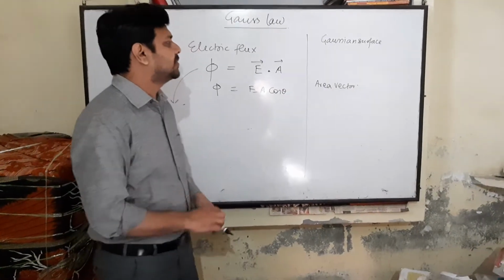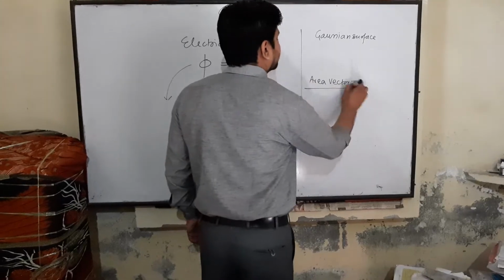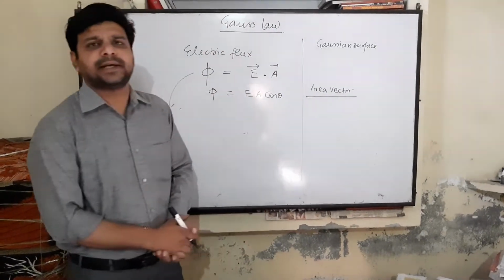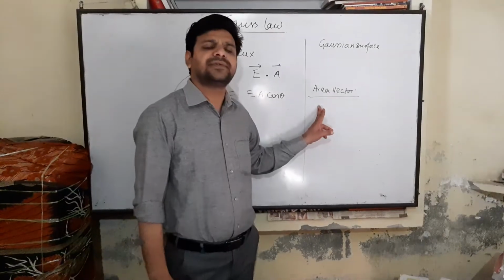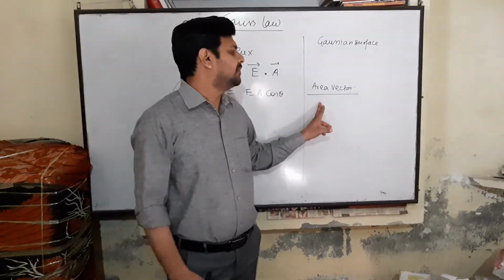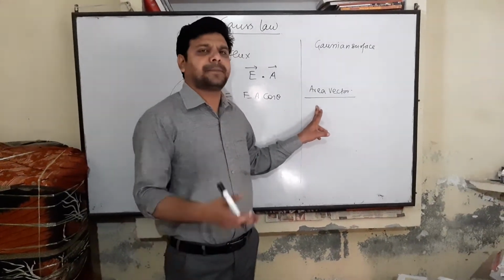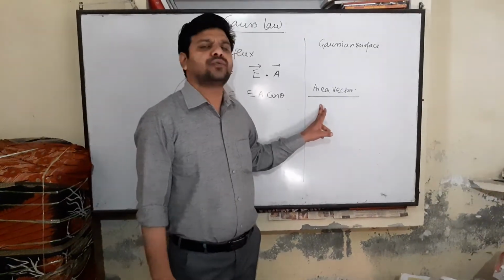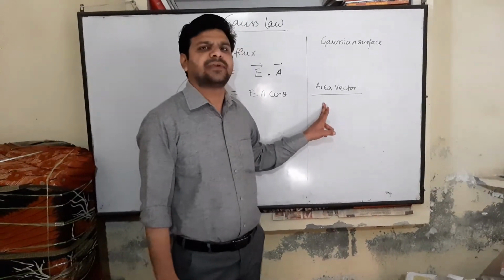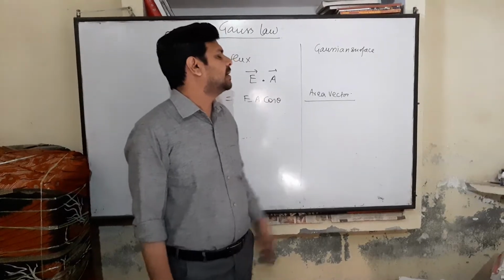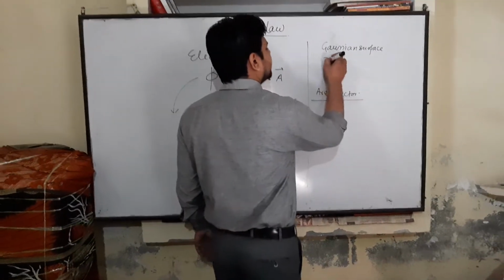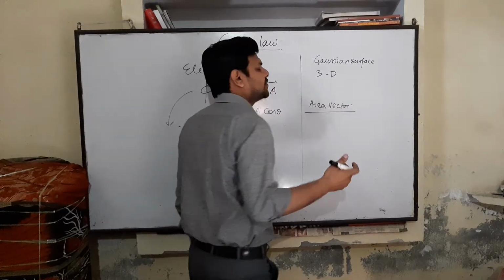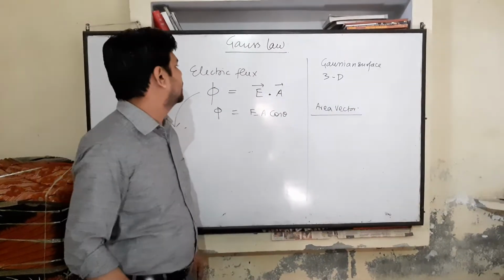Then in this topic, we have 3 new parameters. One is area vector. It tells the direction of a given surface, and we draw it as a perpendicular in the outward direction on the given surface. Next is the Gaussian surface. It is a 3D imaginary surface which encloses some charge configuration.